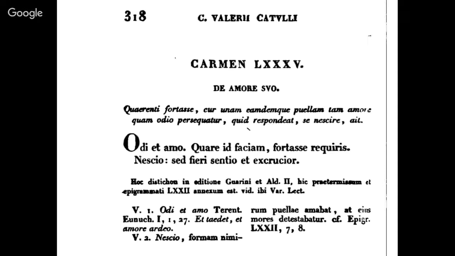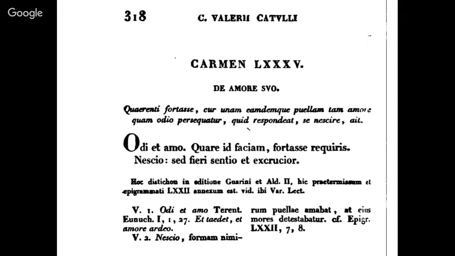Now below that, again, there is a set of notes. Some of them refer to the first verse, some of them to the second one, but these are the notes which say where the parallels are, which Romans have expressed themselves in a similar way. Again, in verse 2, after nescio, it says that Catullus, or the poetic subject, as we would say today, loved the beauty of his girl, but hated her character.